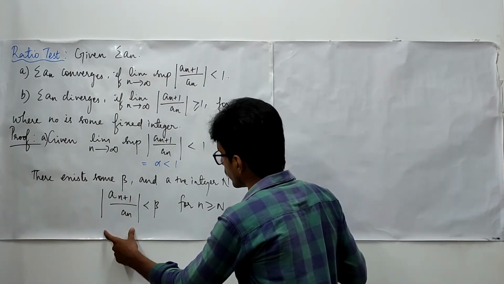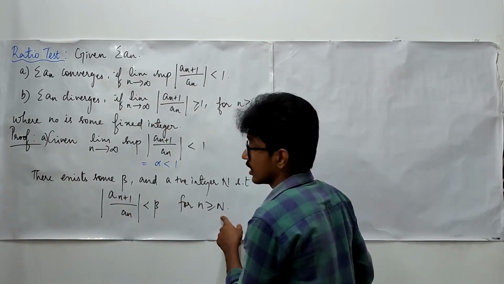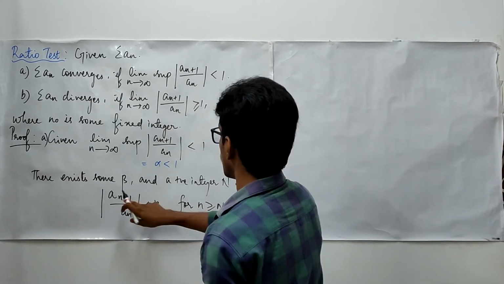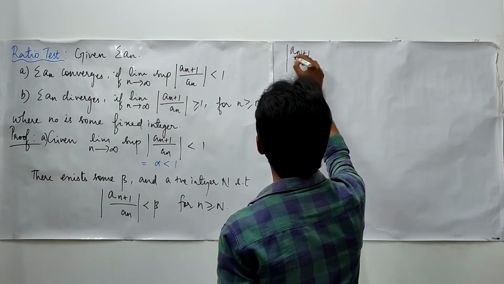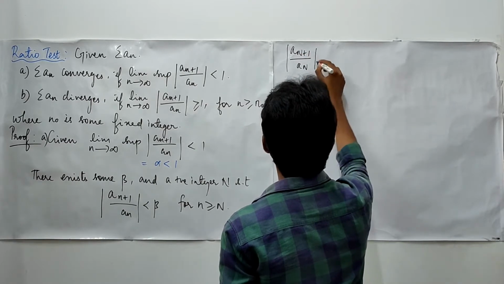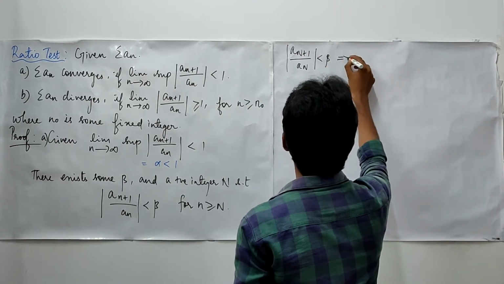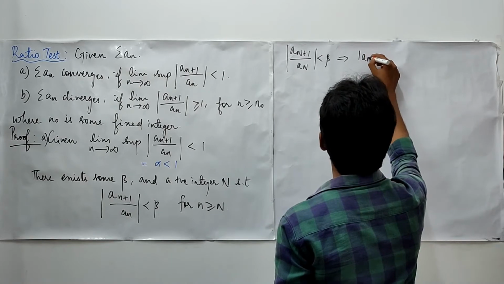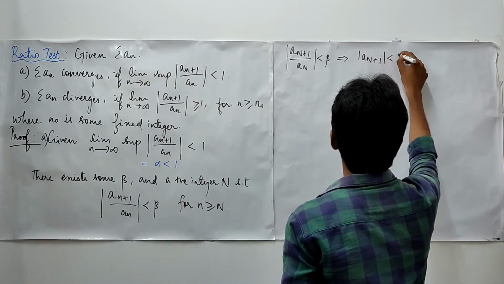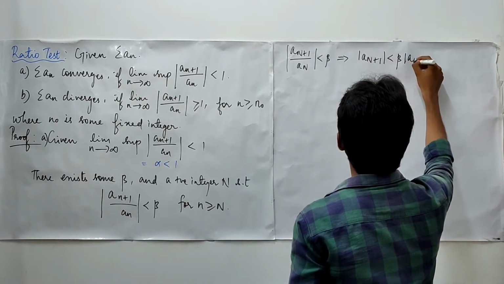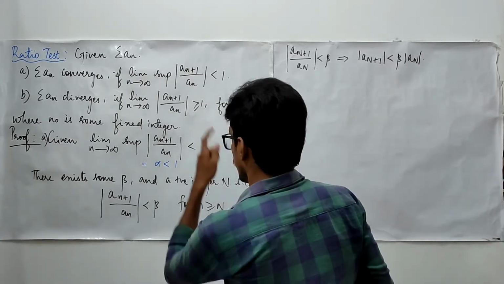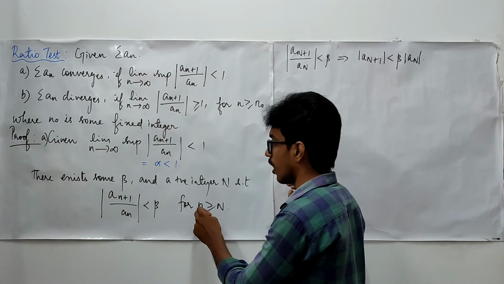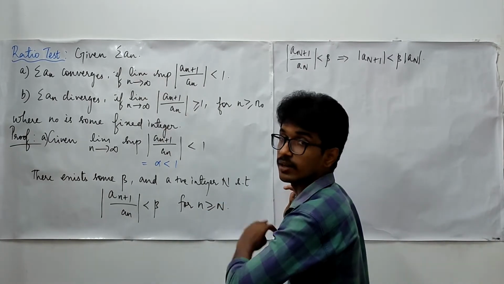This is going to be true after this stage. When I substitute n as big N, what am I going to get? I am going to get an plus 1 upon an smaller than beta. This may also be written as the absolute value of an plus 1 is less than beta times the absolute value of an. Now this is true for all the values after the stage N.